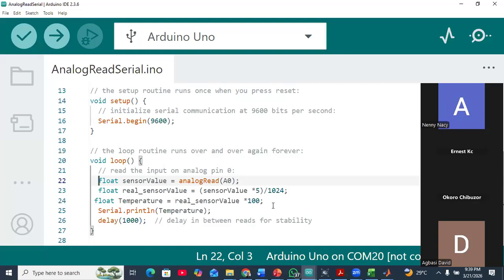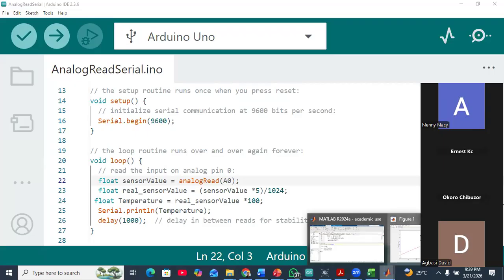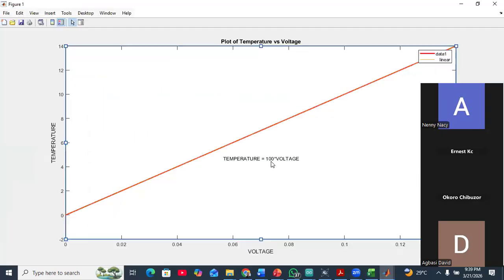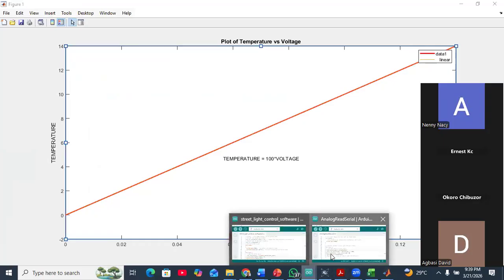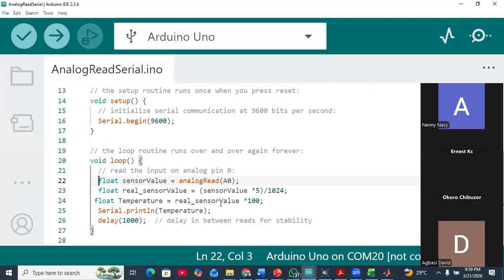And then based on our model equation, temperature is equal to 100 times voltage. That voltage, the real voltage value now, is this, multiplied by 100. That gives us the temperature.